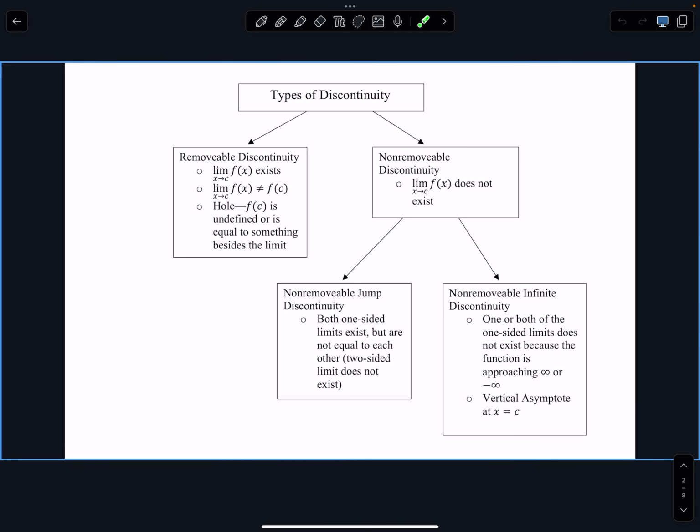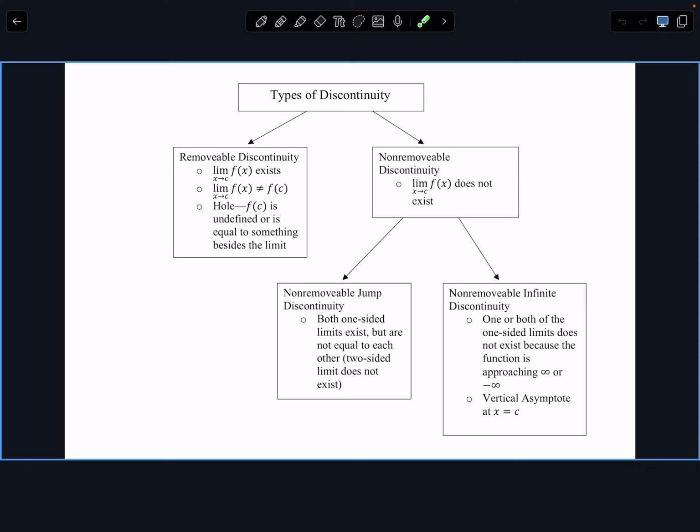And then remember, for types of discontinuity, if there's a point of discontinuity, it's either going to be removable or non-removable. If the limit exists as x approaches c, then that tells you that the function has a removable discontinuity. Previously, we've described a removable discontinuity graphically as something where you could just fill in that point, removing the discontinuity by filling in a single point.